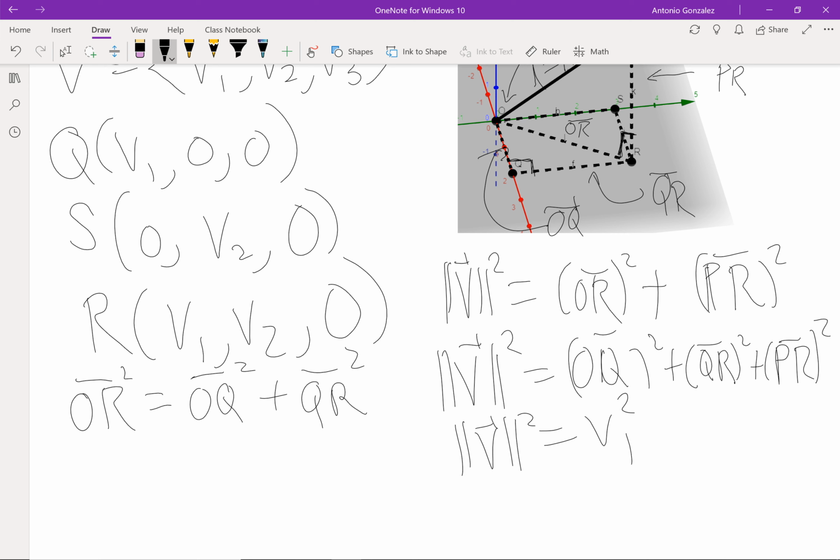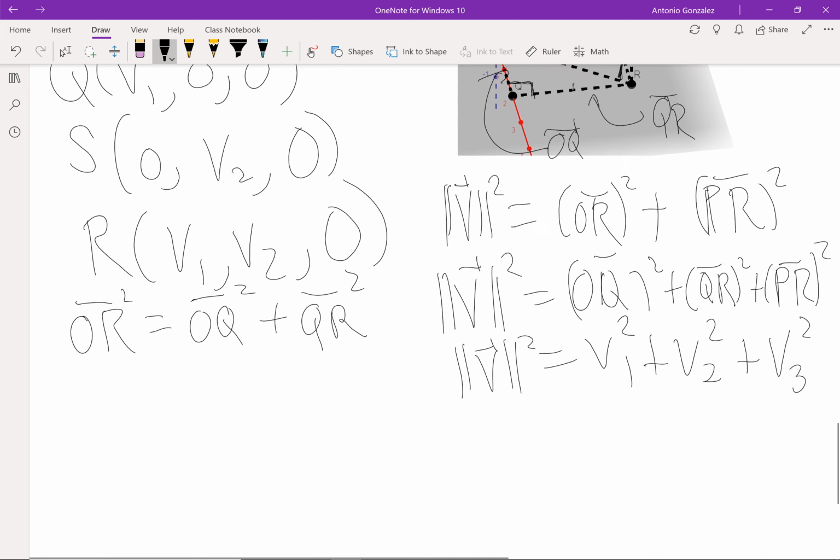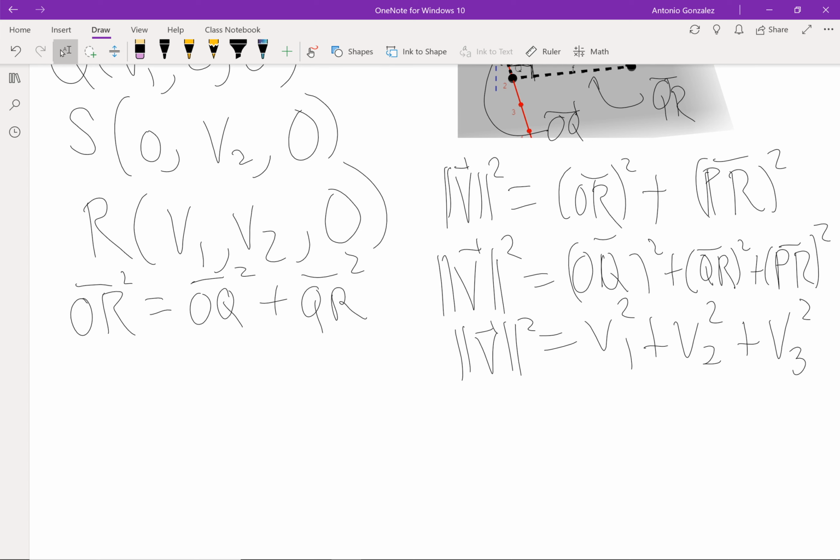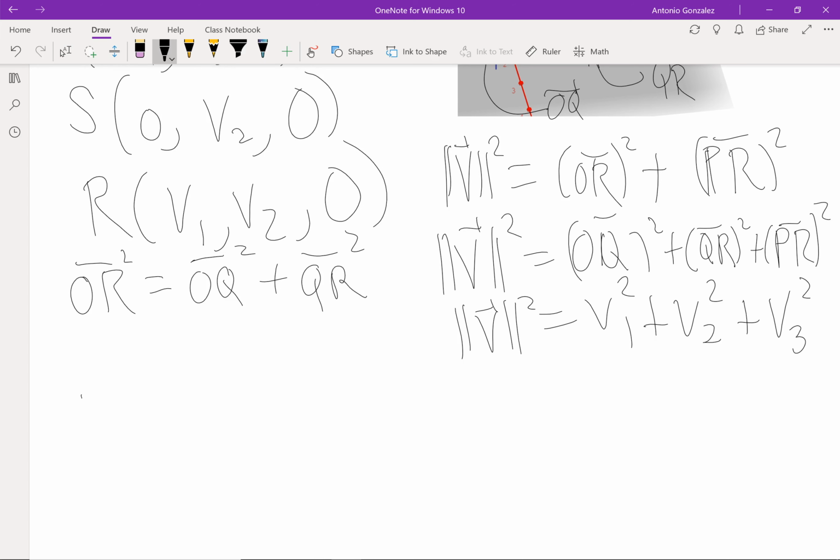And the distance from Q to R, again, that runs parallel to the y-axis, so that would be V2 squared. And then PR, that again runs parallel to the z-axis, so that would just be the height of it, which is V3 squared. Right?